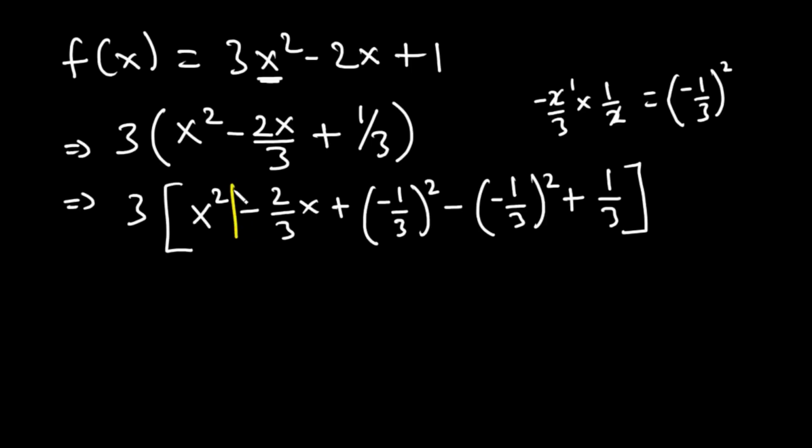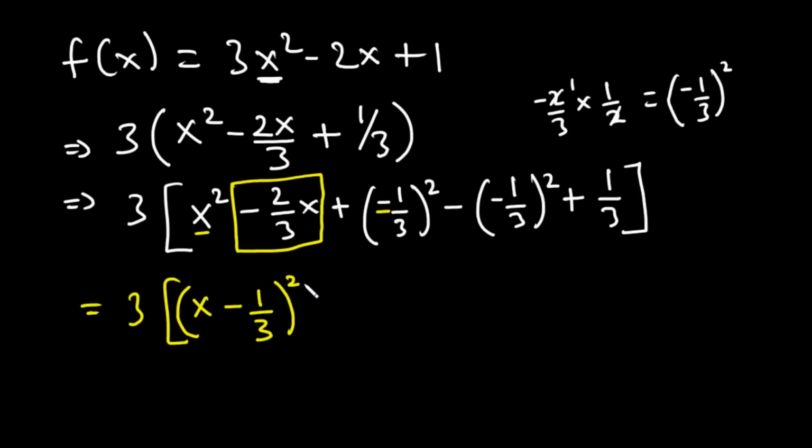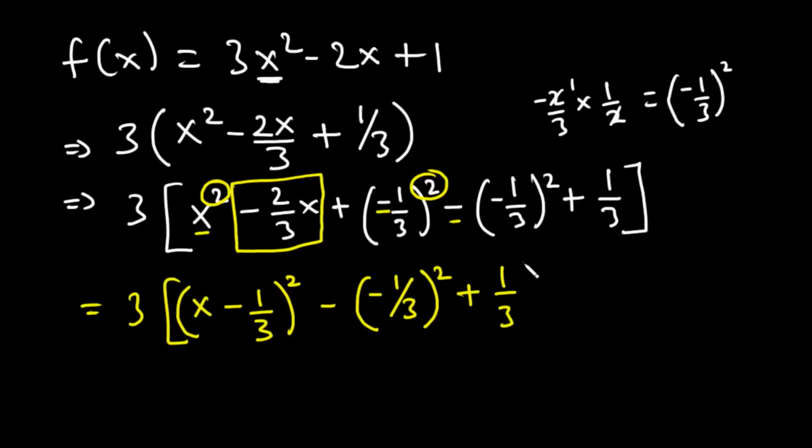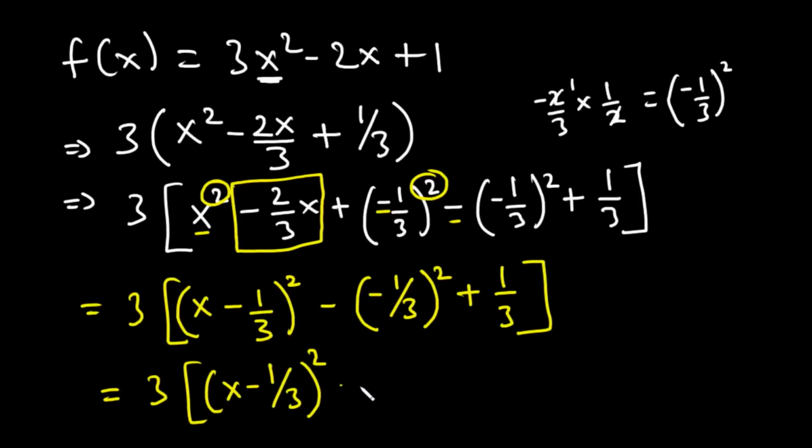Now we are going to do away with -2/3x. So it's going to be x minus 1/3 all squared minus -1/3 squared plus 1/3, brackets close. -1/3 squared is 1/9 plus 1/3.